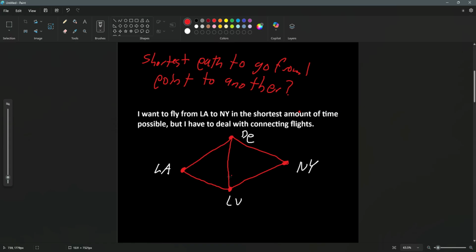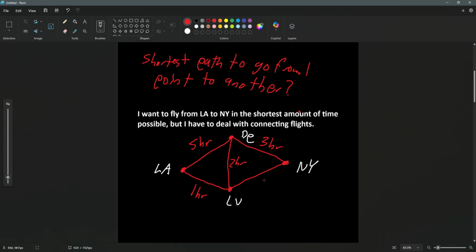Then I'm going to add the weights. In this problem, these weights are going to be the hours it's going to take to get there. So let's say flying from LA to Las Vegas is 1 hour. LA to Denver is going to be 5 hours. Denver to New York is going to be 3 hours. Las Vegas to Denver takes 2 hours.